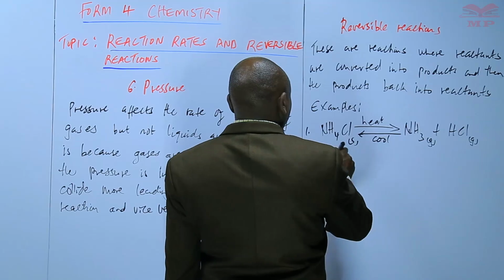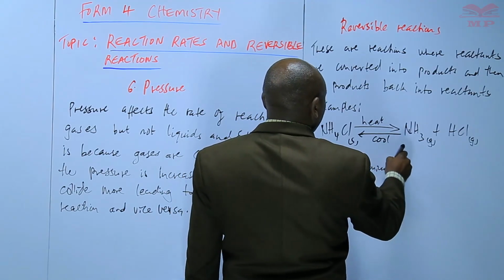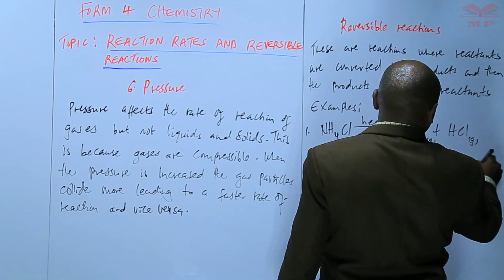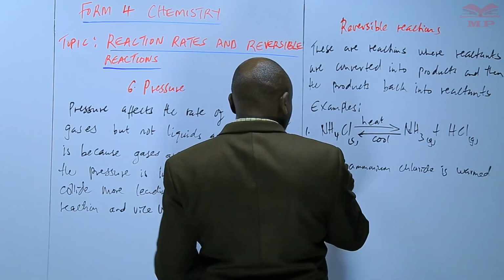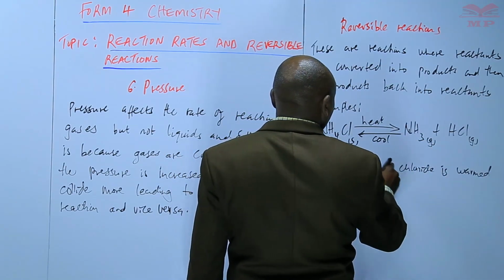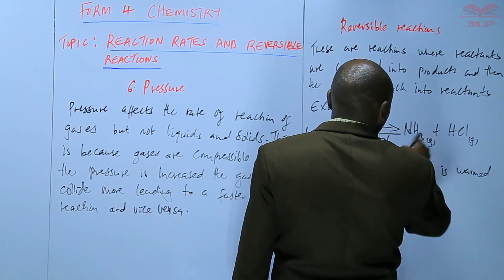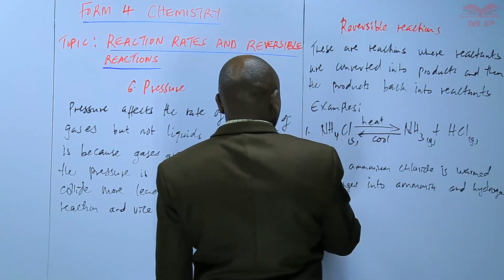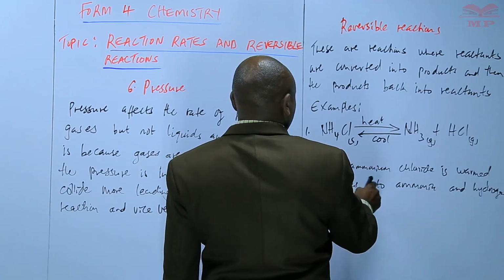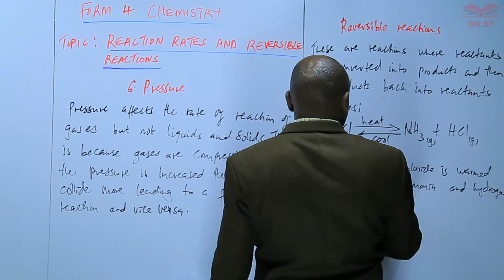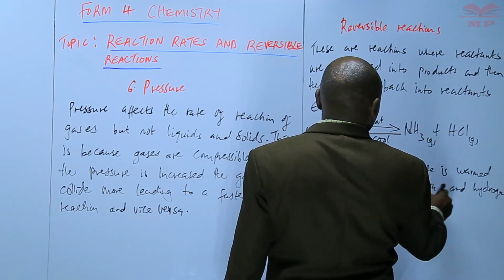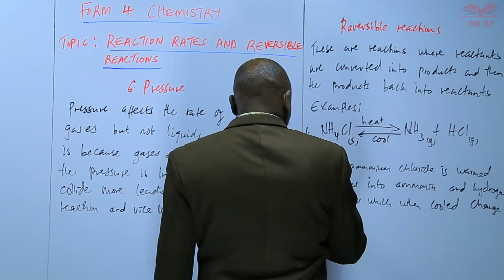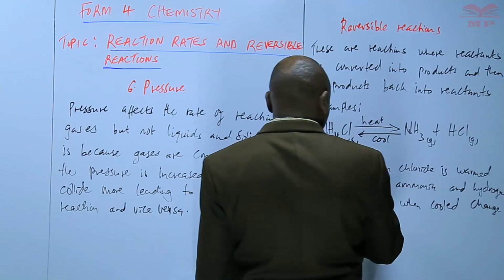So we are saying that when ammonium chloride is warmed, it changes into ammonia and hydrogen chloride gas, those two, which when cooled change back to ammonium chloride.